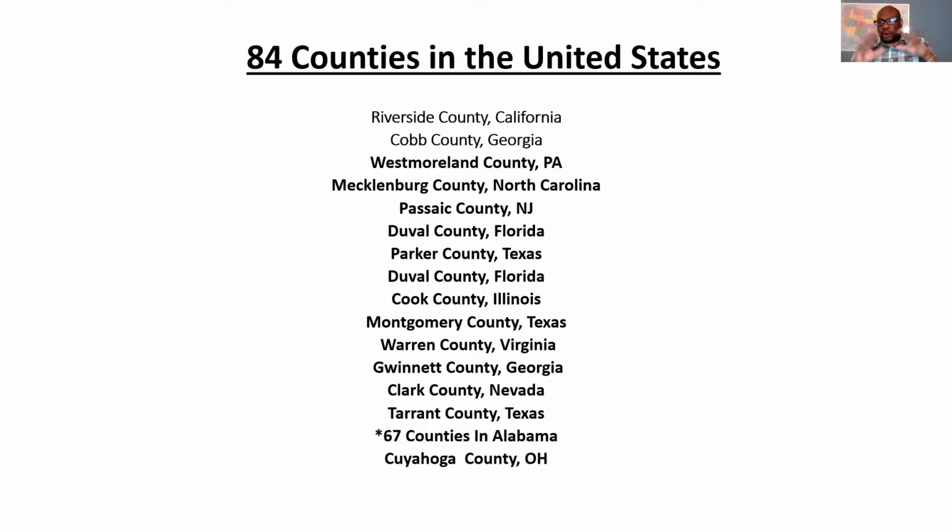But by far, the winner on this list in terms of information, details, data, et cetera, number one definitely is Alabama, because you can click on one link and they just have updated information right there, the entire state of Alabama. But number two really is Clark County, Nevada. I was very impressed with Clark County.